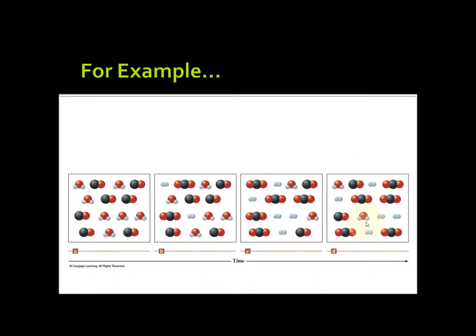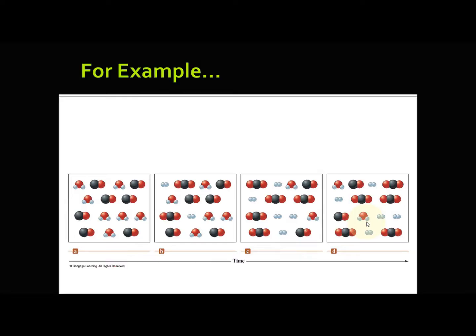For our example, we are going to consider the reaction between water vapor and carbon monoxide gas, and that funky arrow is the equilibrium arrow, to form hydrogen gas and carbon dioxide gas.